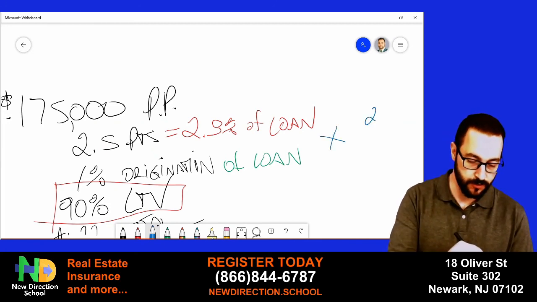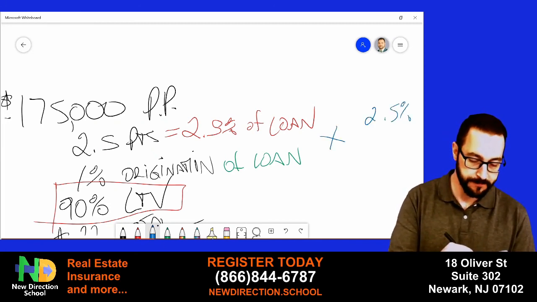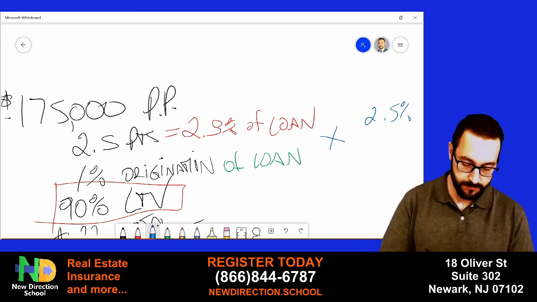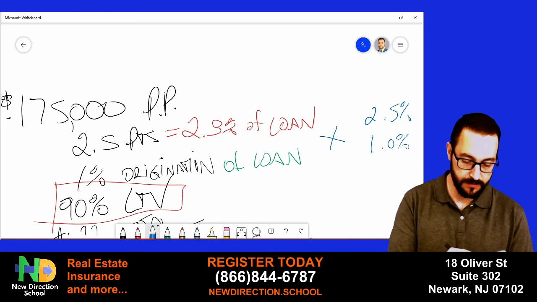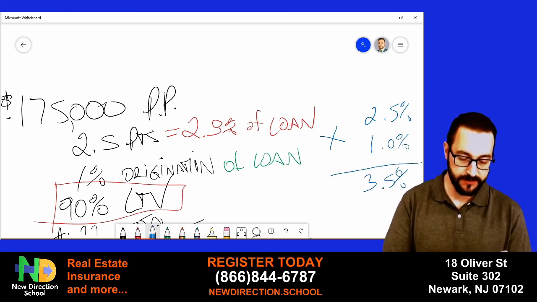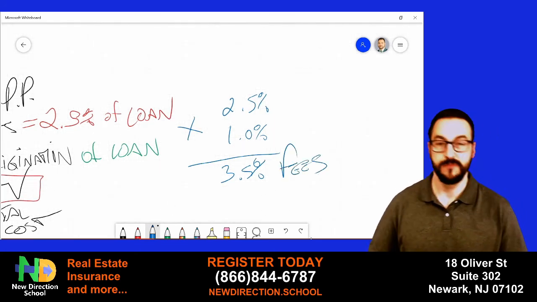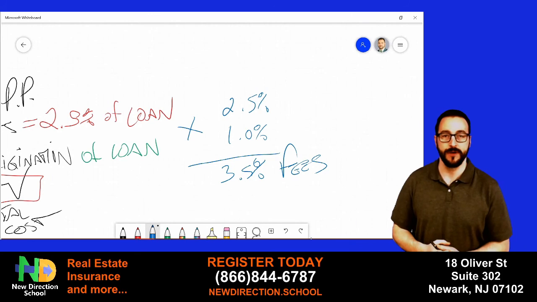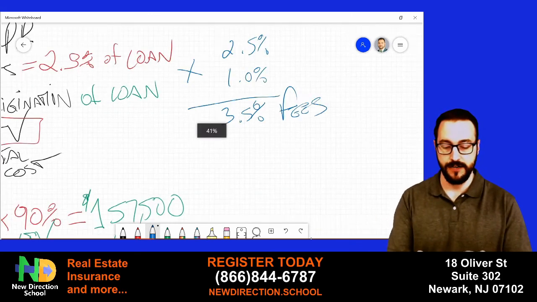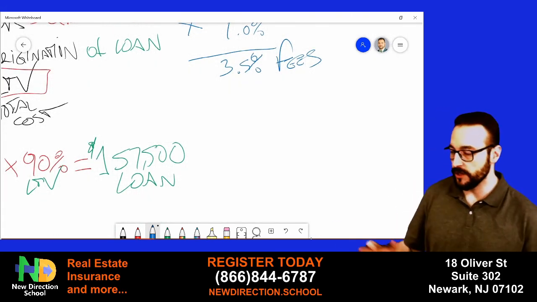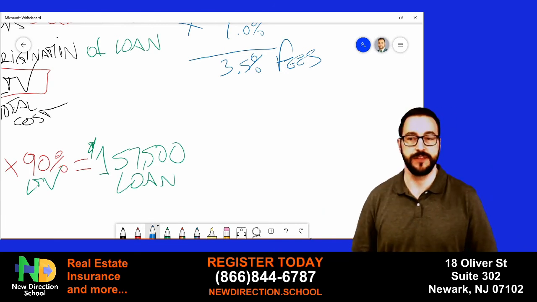So we're looking at 2.5% plus 1%, and the total is 3.5% that we have to pay in fees. Right? So 3.5% we have to pay in fees. So now that we got this out of the way, we know that we have a $157,500 loan.